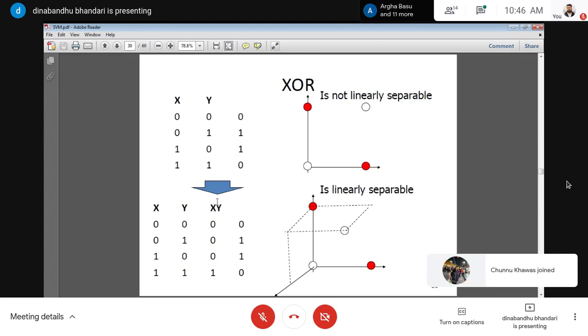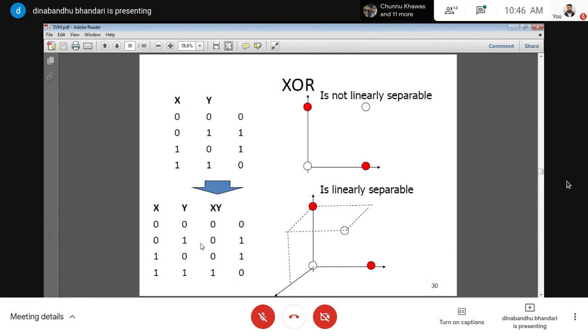If we can generate a new feature, these 3 features, X, Y, and XY, can help us transform the data in 3 dimensions, where it becomes linearly separable. Let me explain in detail.